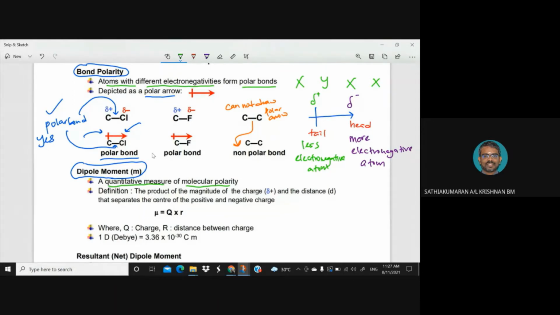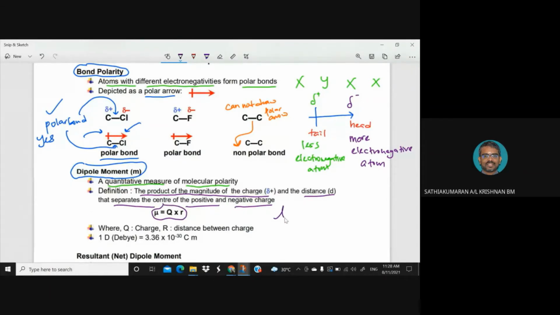Let us see the definition: the product of the magnitude of the charge, delta positive, and the distance d that separates the centers of positive and negative charge. So this is the formula to calculate dipole moment.